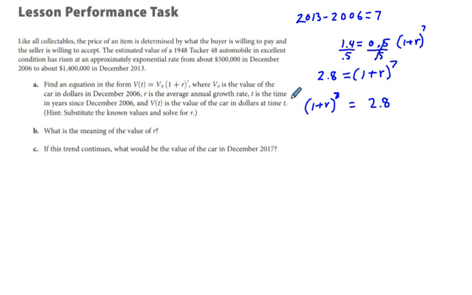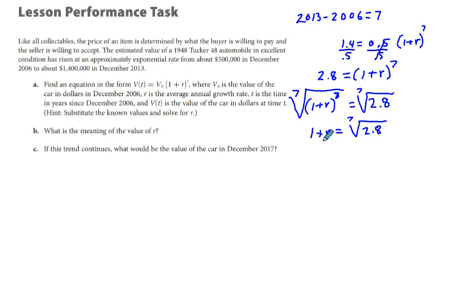We take the 7th root on both sides, and the 7th root and the 7th power cancel each other. So we're left with 1 plus r is equal to the 7th root of 2.8.